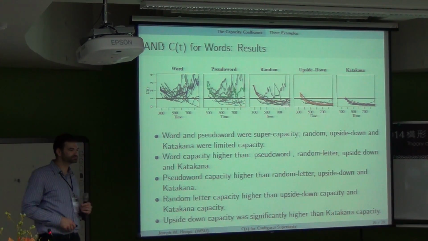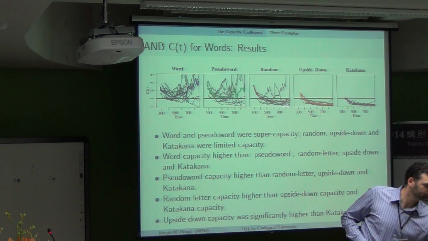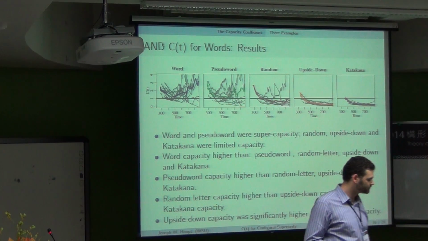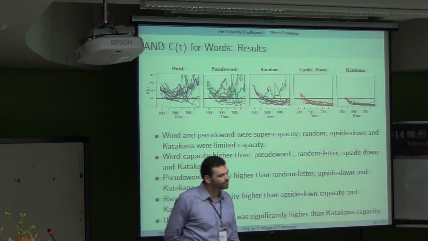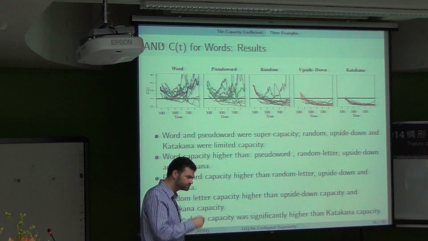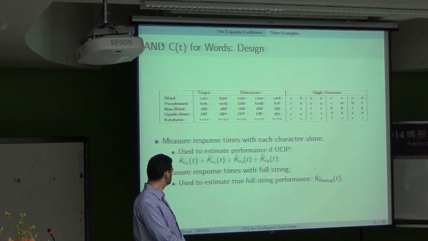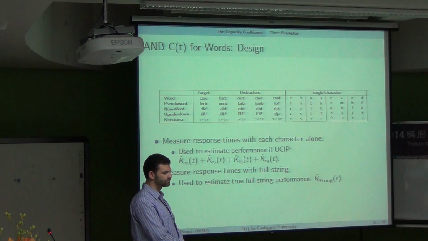It might be interesting to run a side condition where you have a forward port instead, because the difference might be primarily due to the real letters, even though they're upside down, there might be some verbal coding.